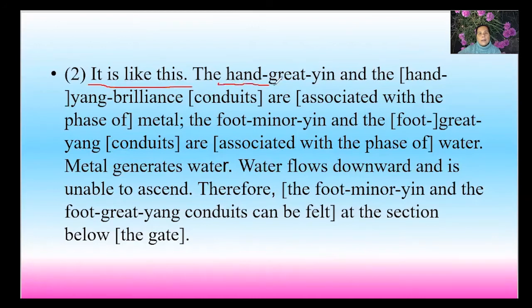So hand Tai Yin is the lung, and hand Yang Ming is the large intestine. In the 5 elements, they are connected with the metal.